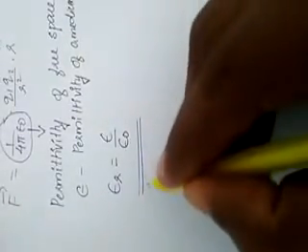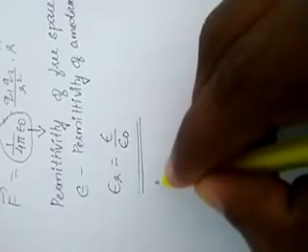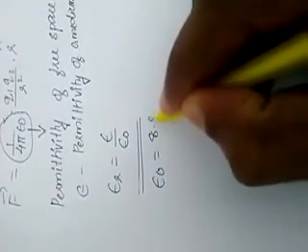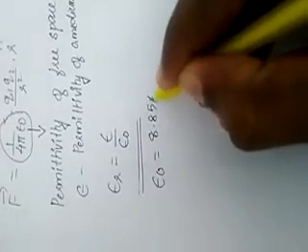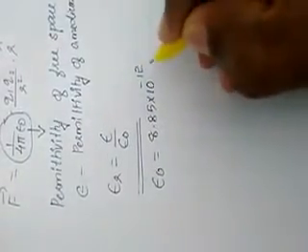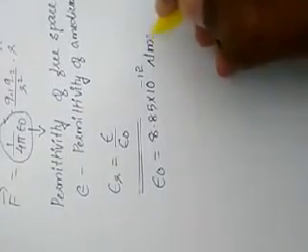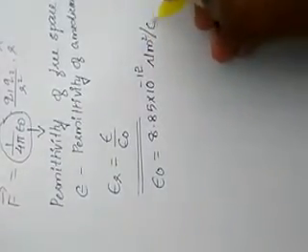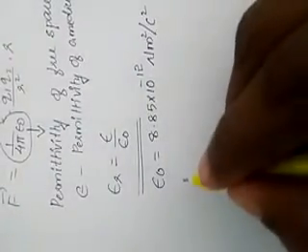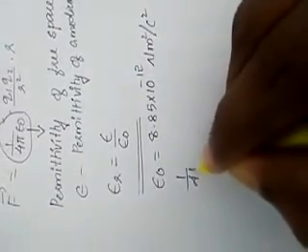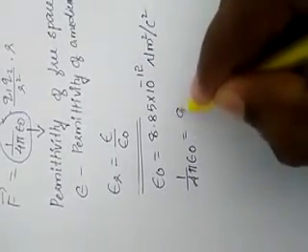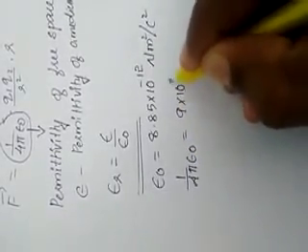The value of epsilon 0 is 8.85 into 10 raised to minus 12 Newton meter square per Coulomb square. For solving problems, we can use the value of 1 by 4 pi epsilon 0 as 9 into 10 raised to 9.